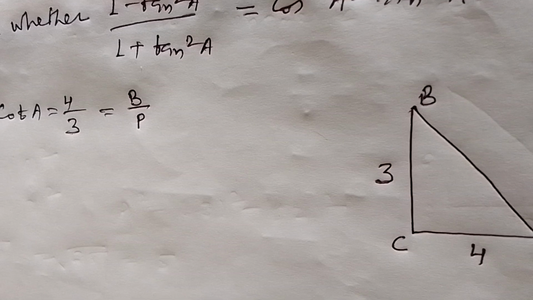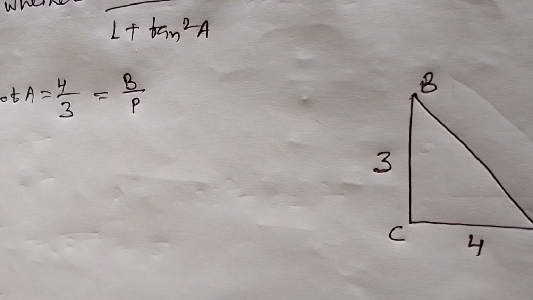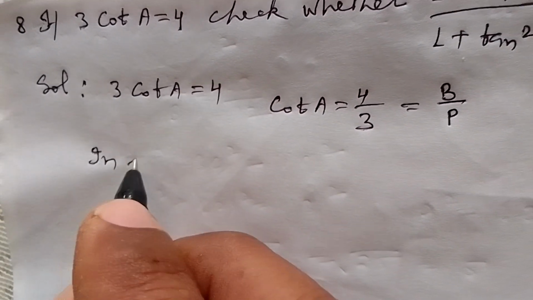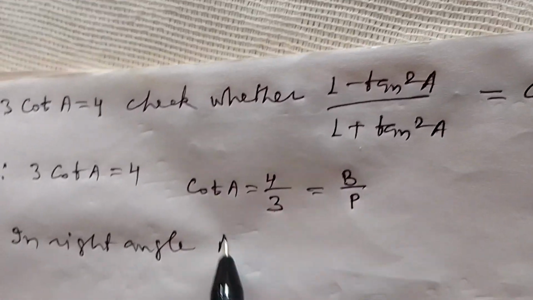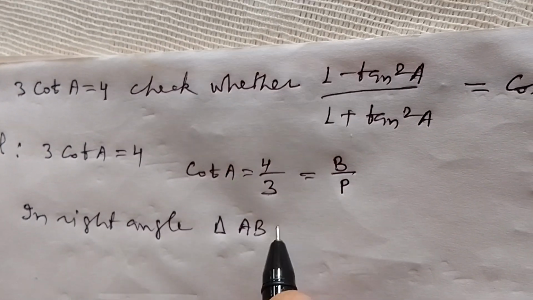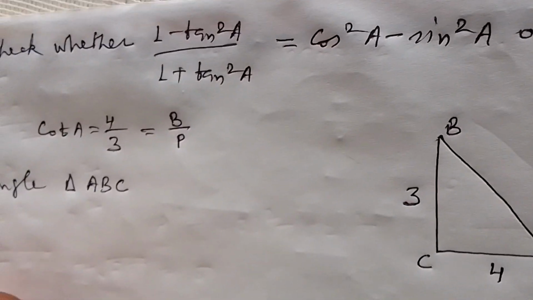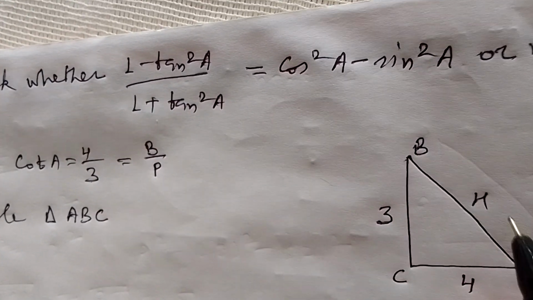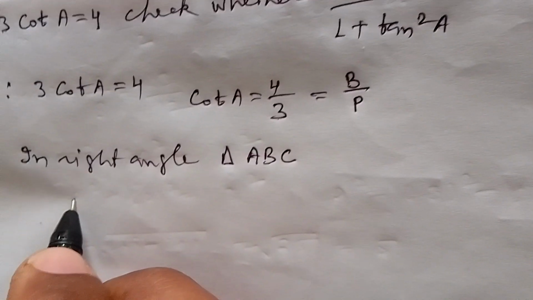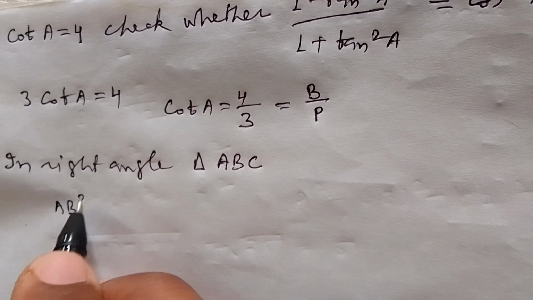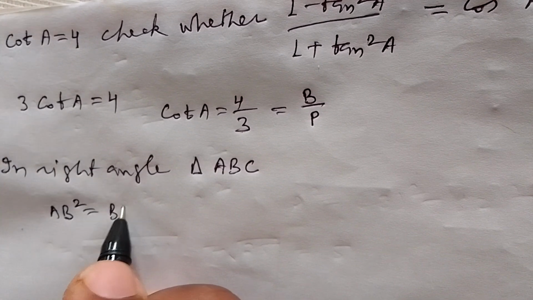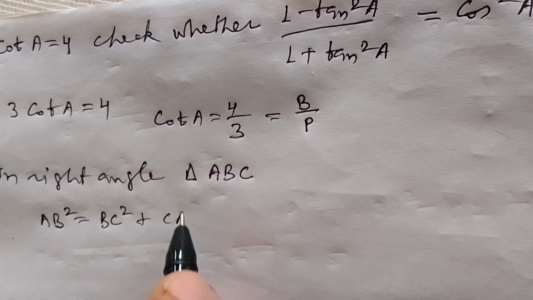First we have to calculate the hypotenuse. In right angle triangle ABC, right angle at C, we know that hypotenuse AB square is equal to BC square plus CA square.